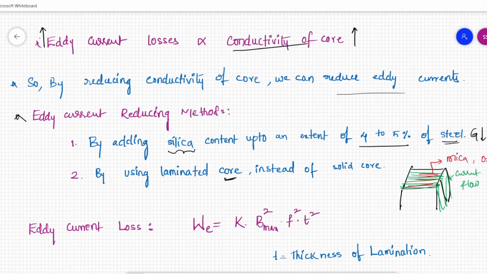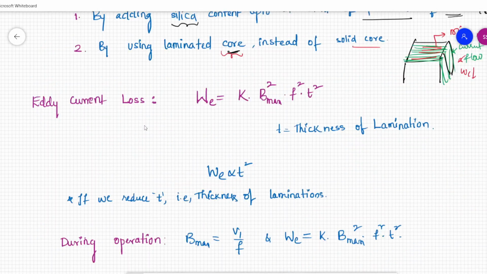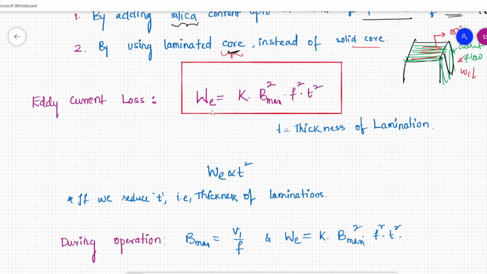This insulation doesn't allow eddy currents to flow in the core material, so the eddy current loss will be reduced. So we can reduce the conductivity of the material by adding 4% silica, and by laminating the core we can eliminate the eddy current. Eddy current loss WE is given by K into Bmax square F square T square, where Bmax is the maximum flux density.